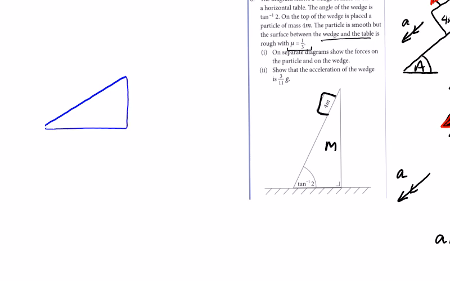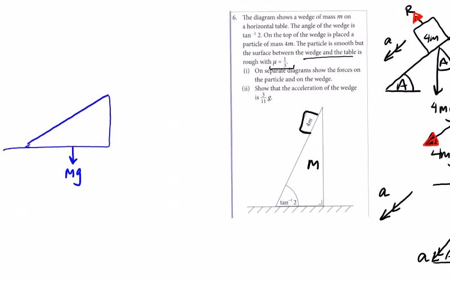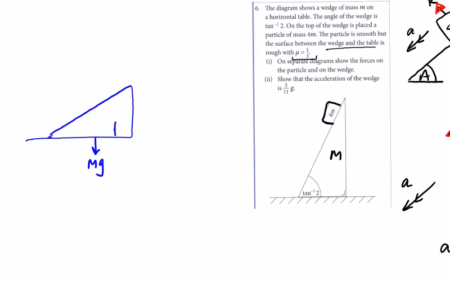Here's my wedge, it's just M, so we have mg. Now there is friction between the wedge and the table, so in this direction here we're going to have mu R, but we used R already, so we'll call the reaction between the wedge and the table S. So we'll come back to that in a second.